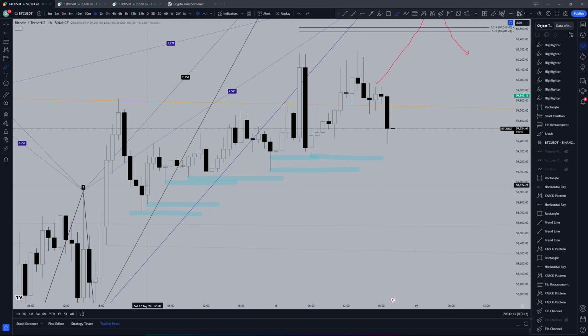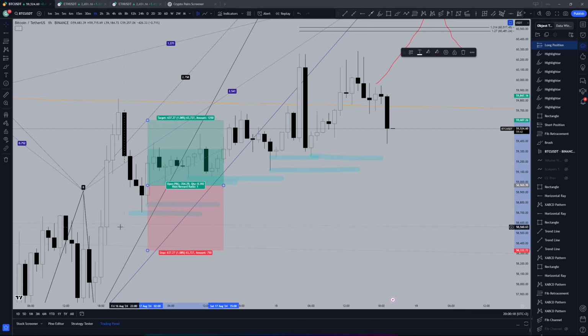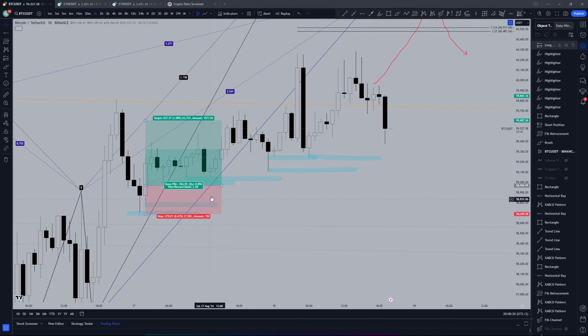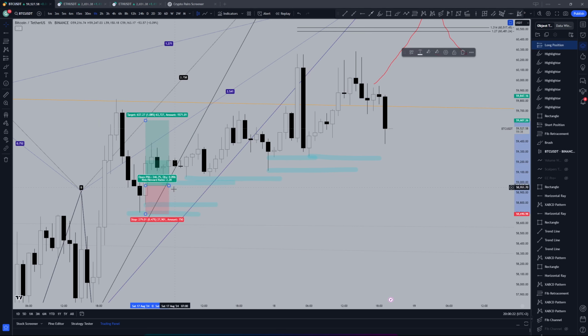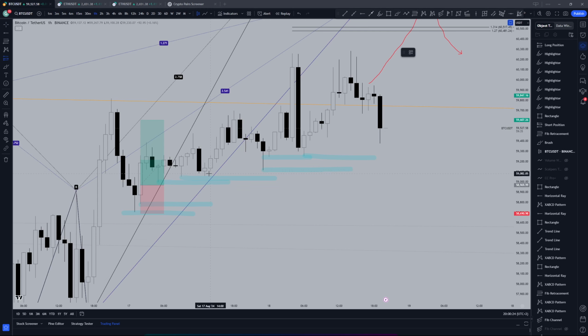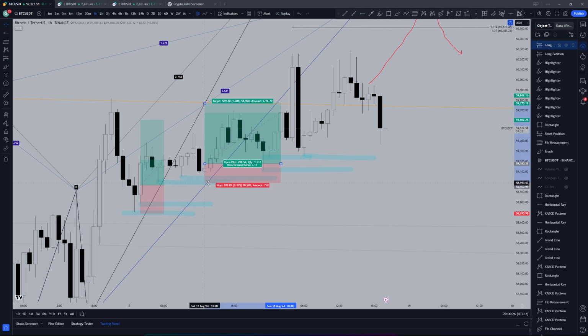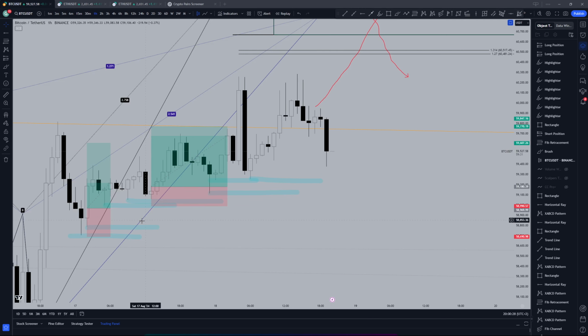Because everyone that longed right over here put their stop loss slightly below it, right? If you're long over here, you would put your stop loss somewhere right over there. And let's say you're long over here, you would put your stop loss somewhere over there. And so on.